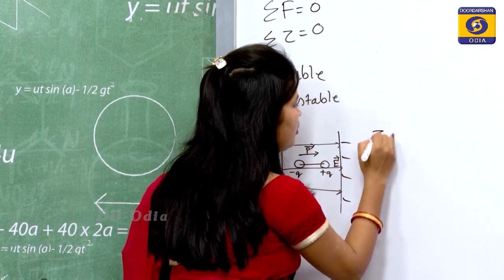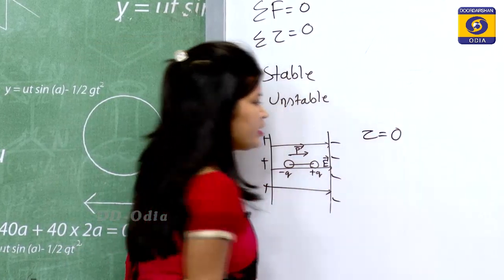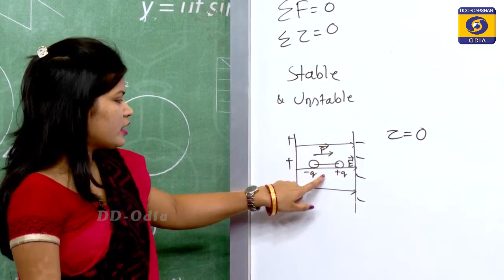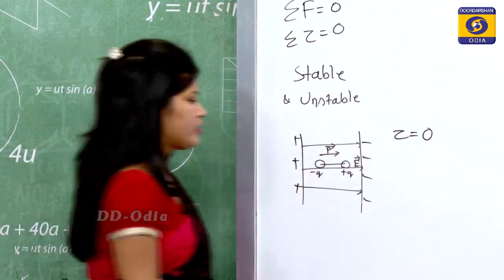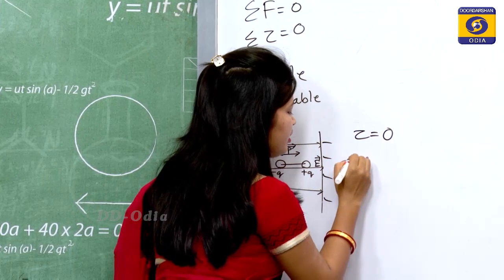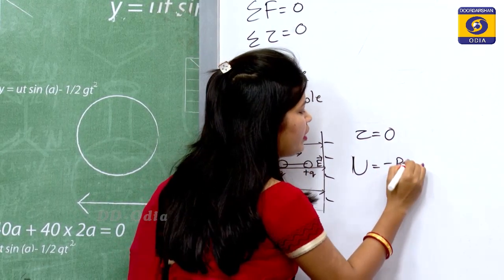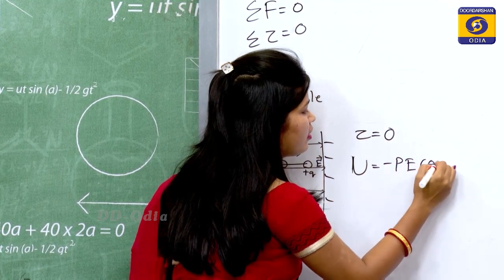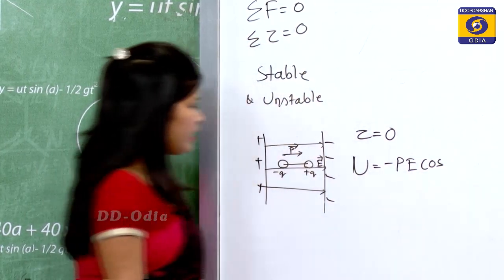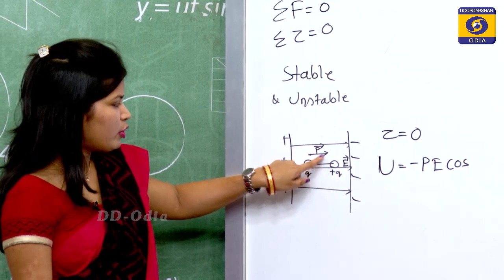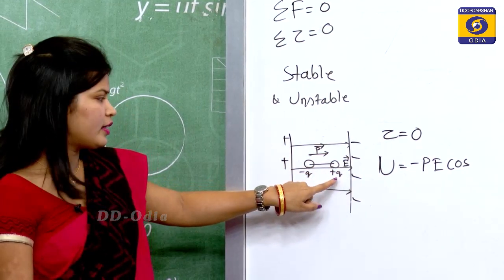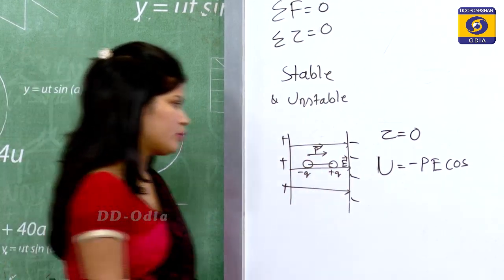Here torque is 0 because there is no movement, but potential energy U is equal to minus P E cos theta, where theta is the angle between the dipole moment and the electric field, and the angle is 0.